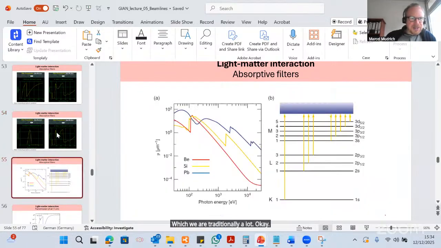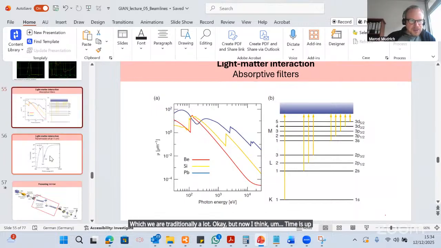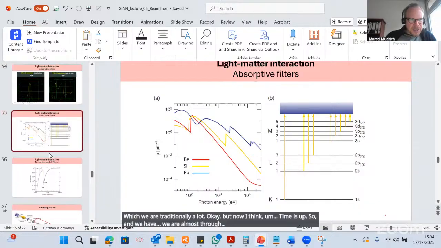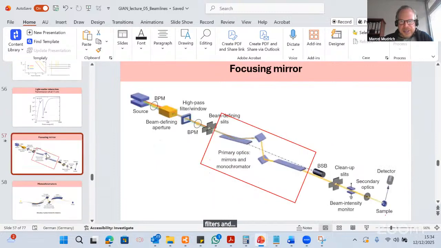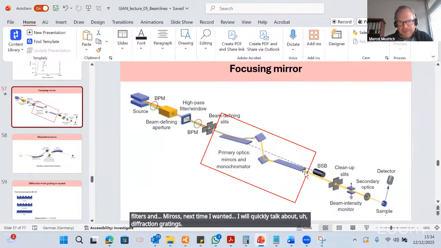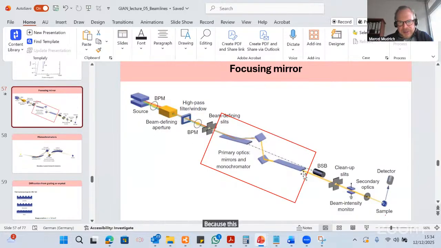Okay, but now I think time is up. And we are almost through this part of the beamlines where it's about filters and mirrors. Next time I will quickly talk about diffraction gratings, because this is also important.